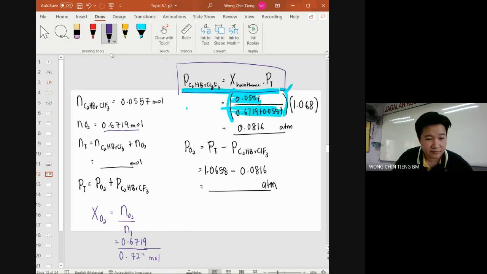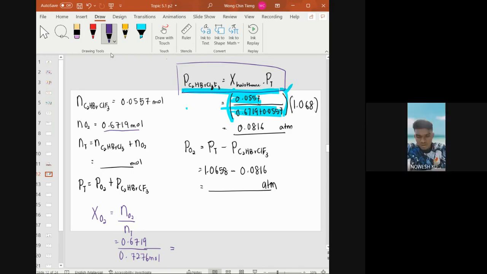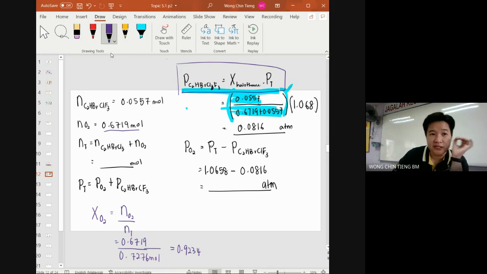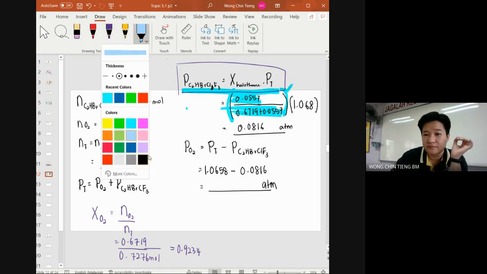Thank you. So, if I calculate the mole fraction of your oxygen gas over here, I think the mole fraction that you will get is what? Anyone? 0.9234. Okay.